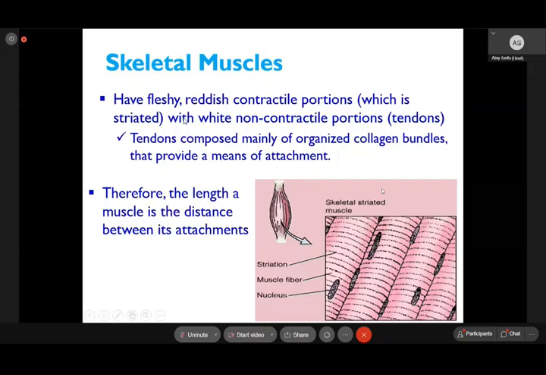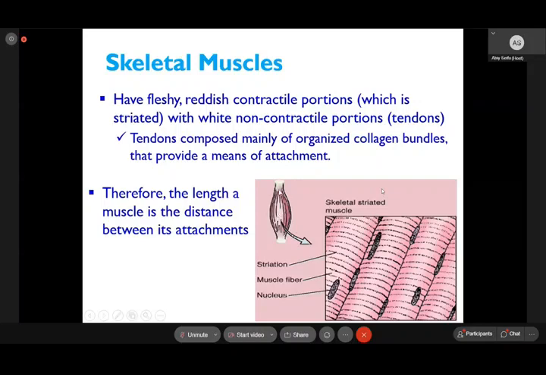The muscle has a contractile part as well as a non-contractile part. The non-contractile part, for instance here, which is found peripherally or distally on both sides, is the tendon, which is most of the time composed of connective tissue.